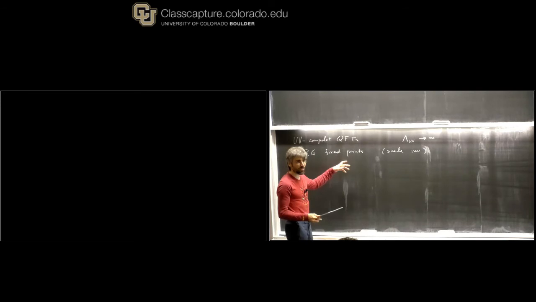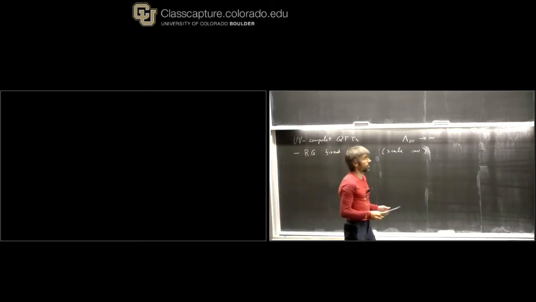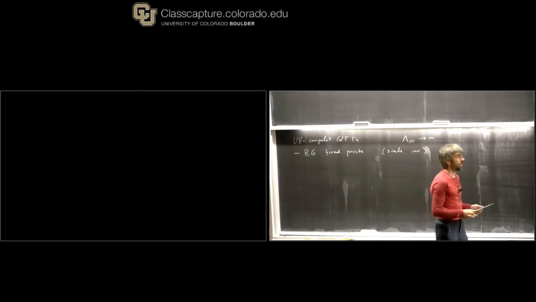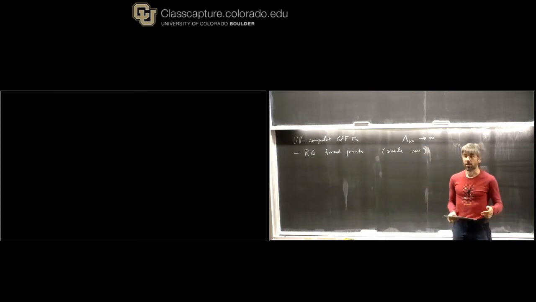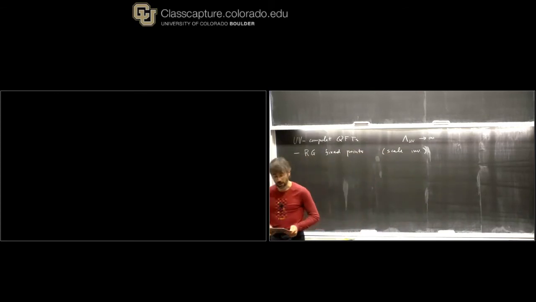Perhaps you have to tune some parameters. Or you can start from some local lattice model, like a three-dimensional Ising model, and you can flow to the infrared.